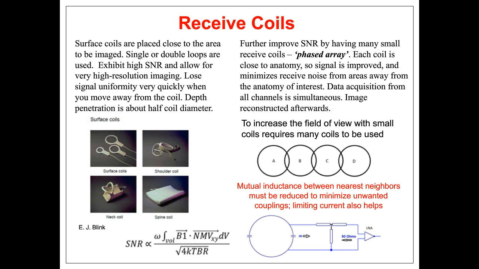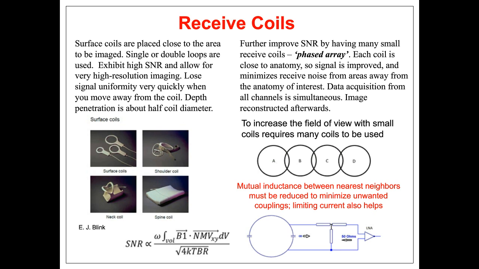So depending on what you want to image, you would have coils of various sizes because the signal originates from various depths. When you have these arrays, you'd like to make sure all these coils are completely decoupled, so that you eliminate things like noise picked up on one coupling into another. You want them as independent as possible.